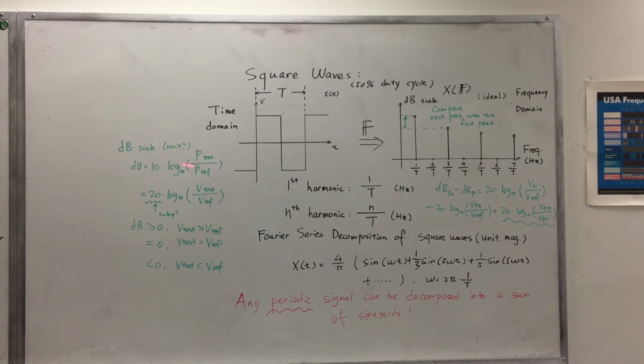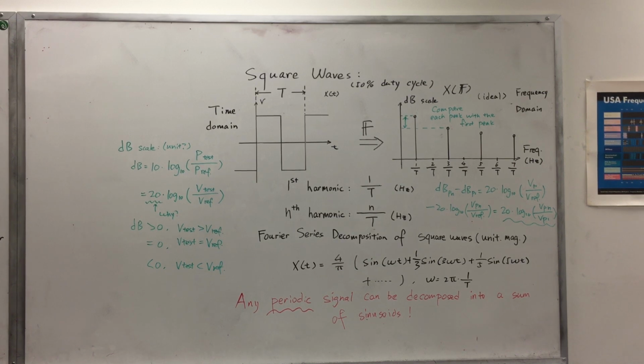The exact equation in terms of power is that dB equals 10 times log base 10 of the power of the signal of interest divided by a reference power. And in terms of voltage signals, it equals 20 times log base 10 of some test voltage that you're interested in over some reference voltage.